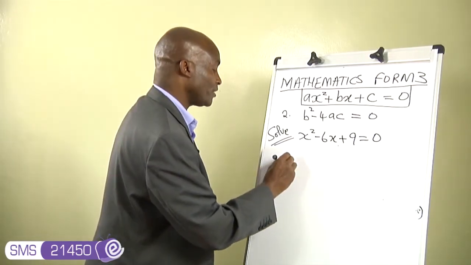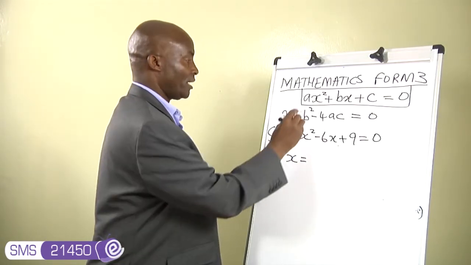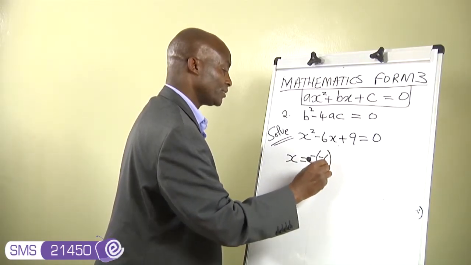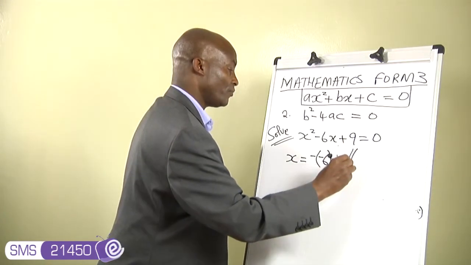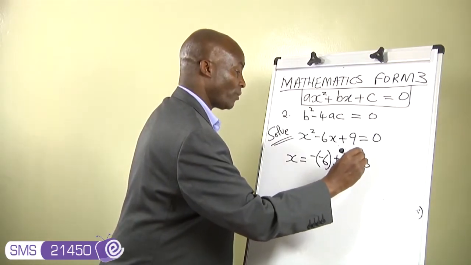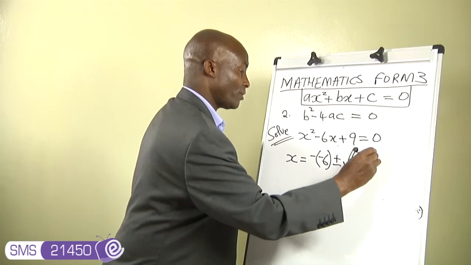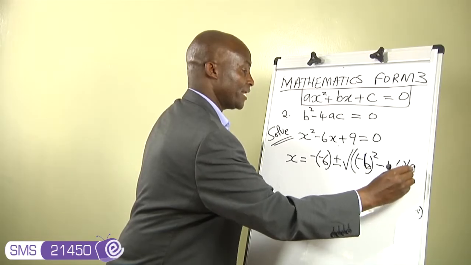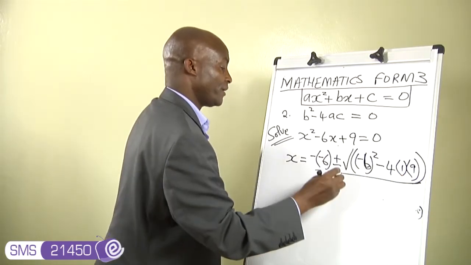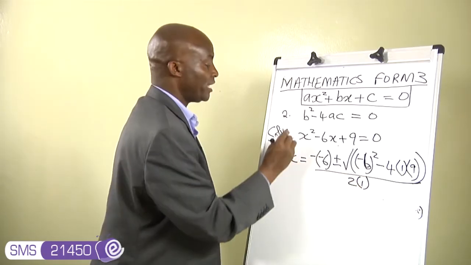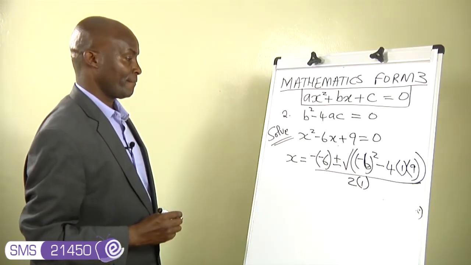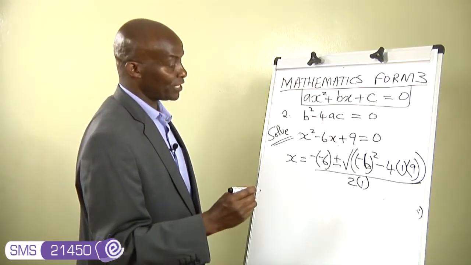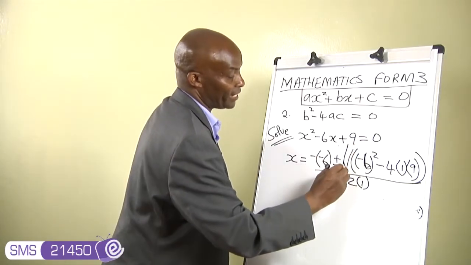So using the quadratic formula, we will say x is equal to negative b, which means negative of negative 6, plus or minus the square root of b squared. That would be negative 6 squared minus 4 times a, which is 1, and c, which is 9, divided by 2 times a, and a is 1. Now remember, what we are interested in is this part here.